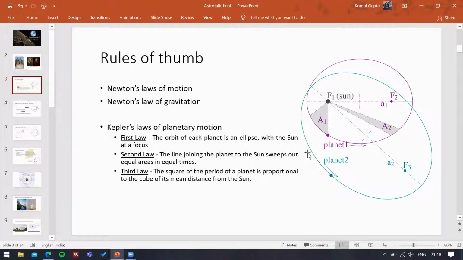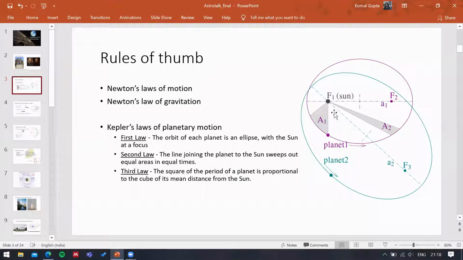The third law came a decade later, in 1619, and it says that the square of the period of a planet is proportional to the cube of its mean distance from the sun, which is also something we have all done in classical mechanics, or at least I hope so.